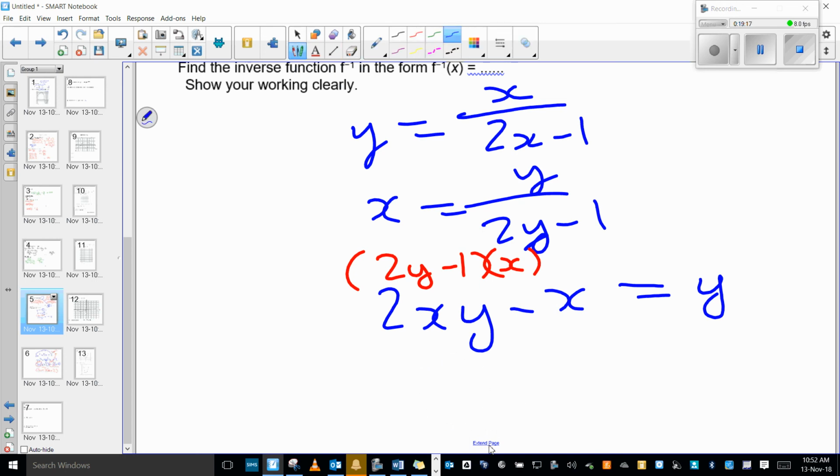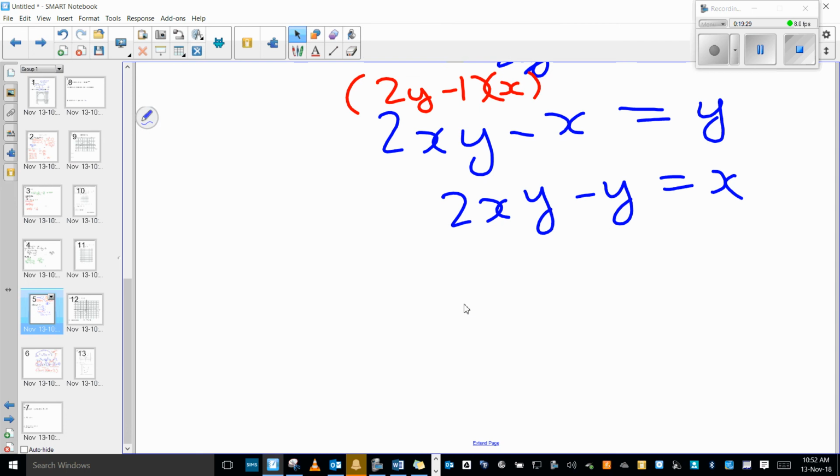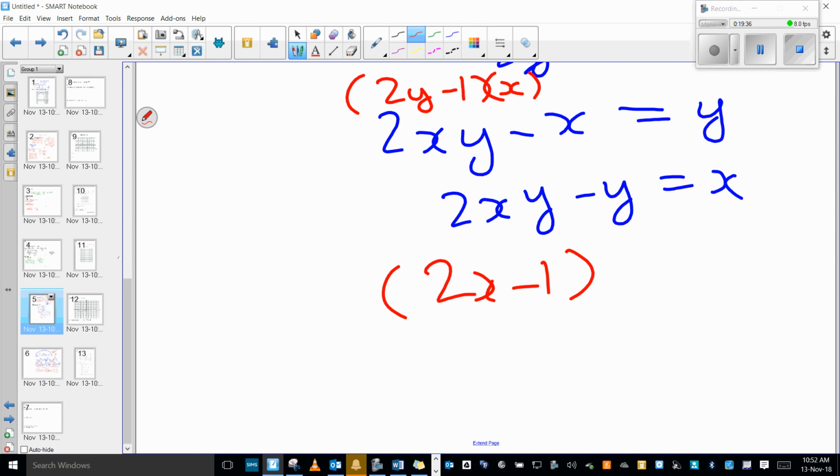So 2xy minus y equals x. And then from there you can factorize. That's right. Excellent. You're even using the right words. Change your color. 2x minus 1 y equals x, and then put that divide into. Lovely. Thank you.